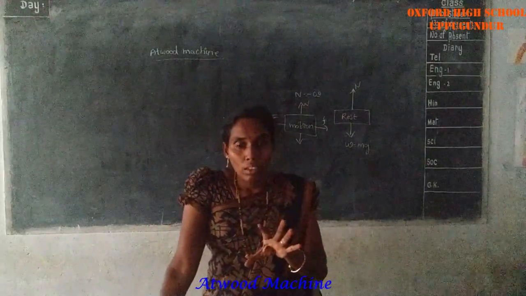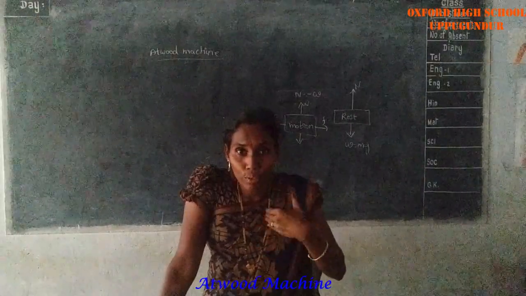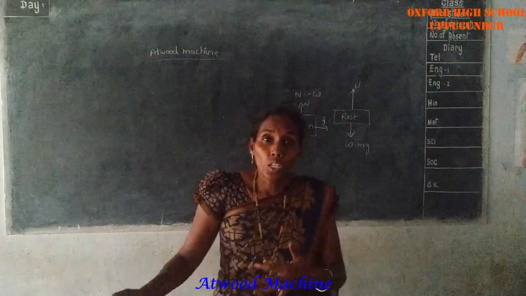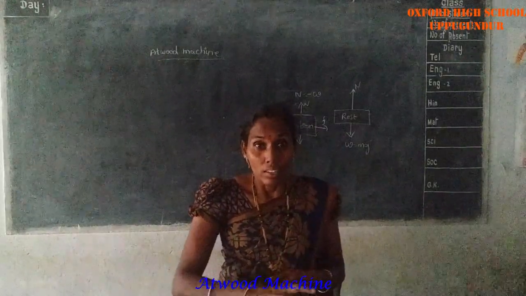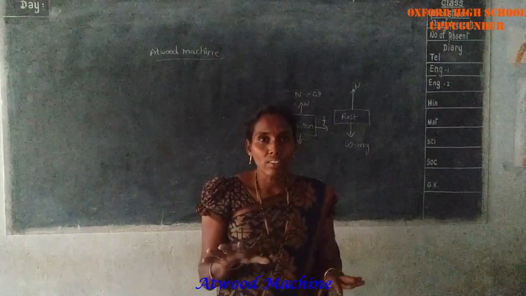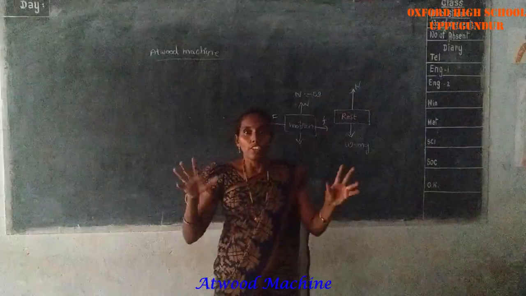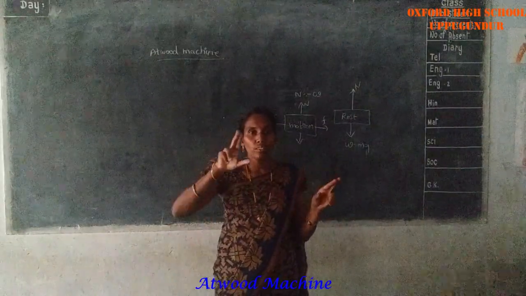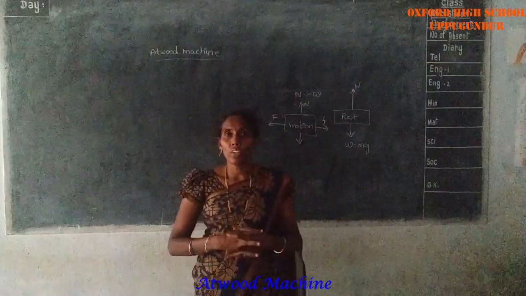We know one thing: the frictional force is developed only when your body tries to move. Otherwise, the frictional force does not develop. Now listen carefully. If your body is at rest, two forces are acting: the normal force and the weight of the body.